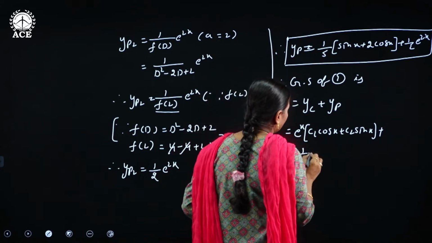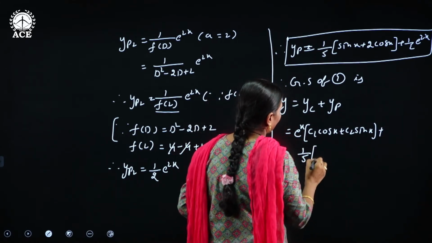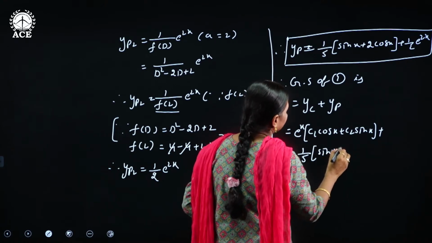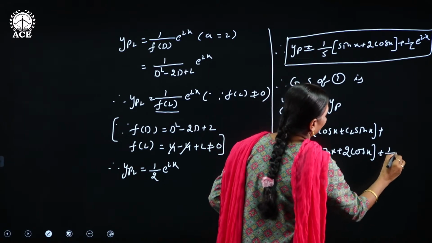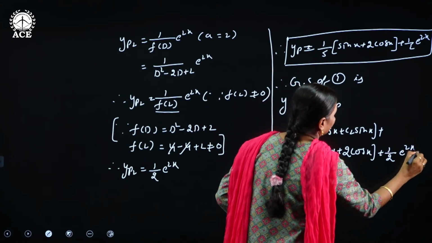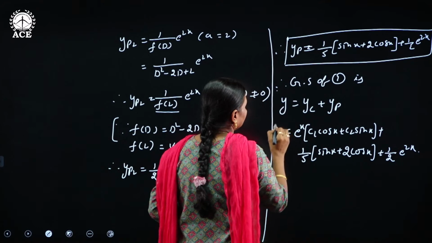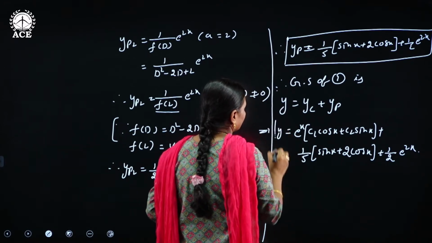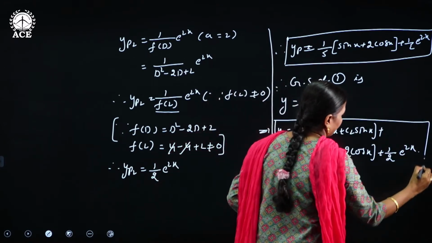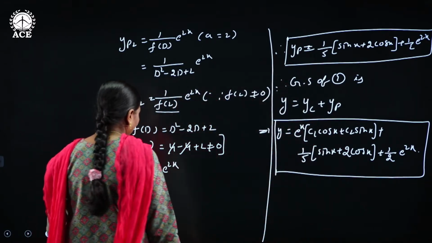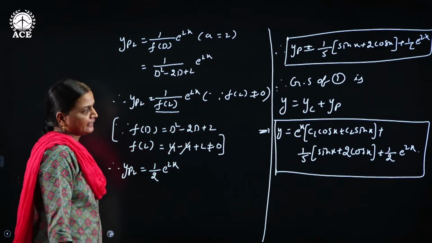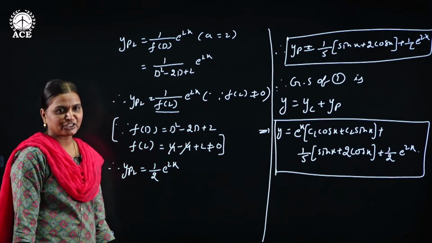Yp is equal to 1 by 5 into sin x plus 2 cos x plus 1 by 2 into e power 2x, which is the required general solution. These are the long answer questions. This is the required general solution of the given differential equation.